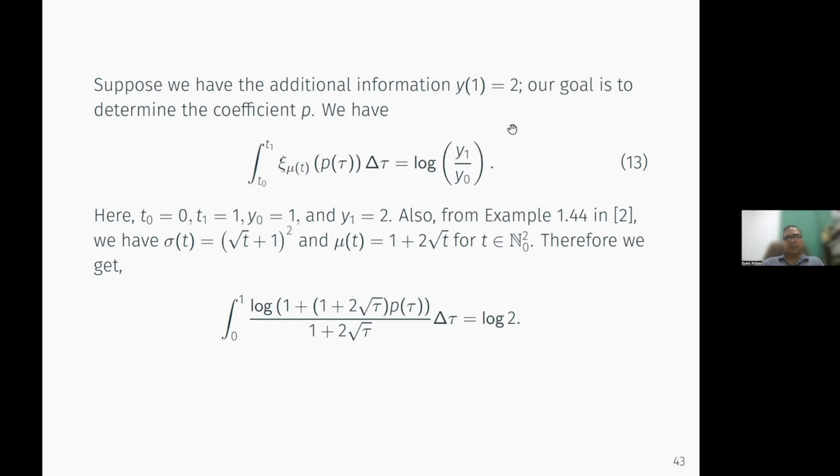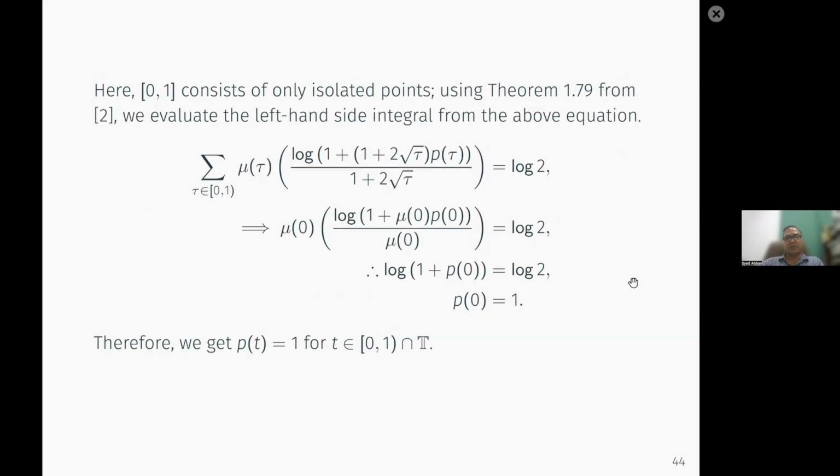Since we have chosen a particular time scale, the goal is to determine the coefficient p. And we have this relation that the integral from t0 to t1 of this is equal to log of y1 upon y0. If we pick these values, then the corresponding problem is this, and it can be solved for our time scale.